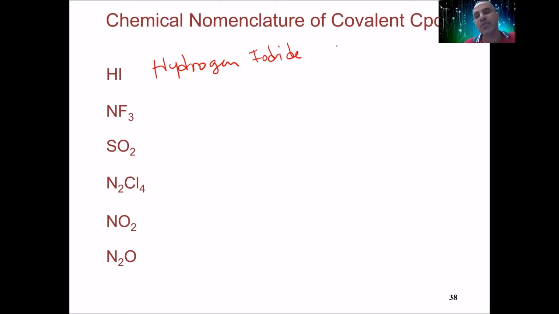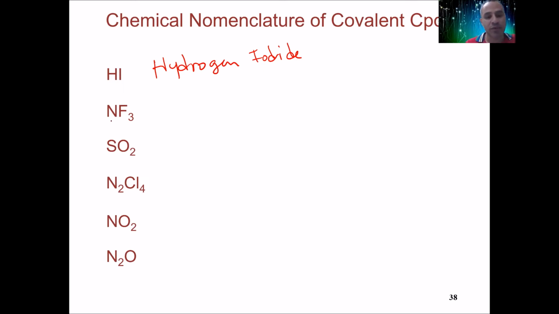And in this case, we actually don't need to use anything to indicate the number of each element because there are no other possibilities. So when I say hydrogen iodide, it's understood that it has one hydrogen per one iodide. There is no other combination.